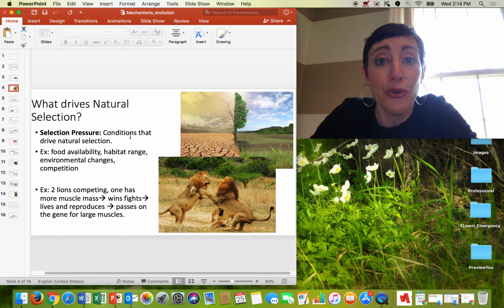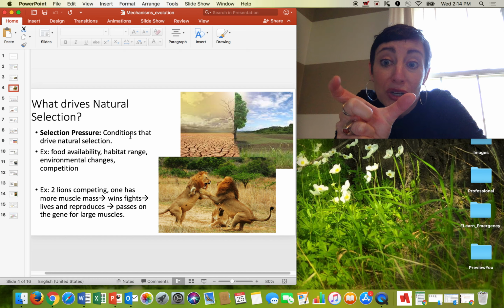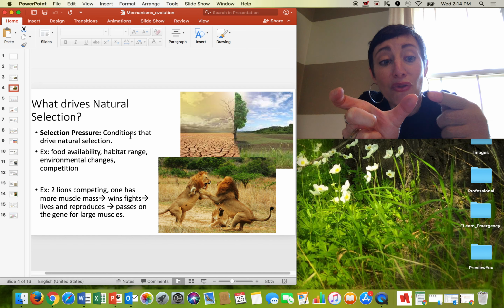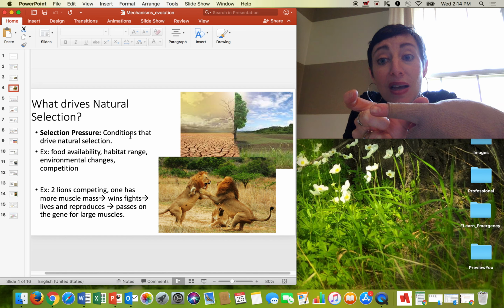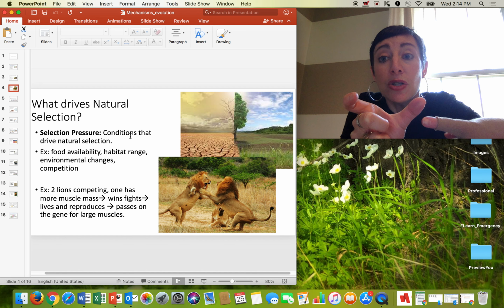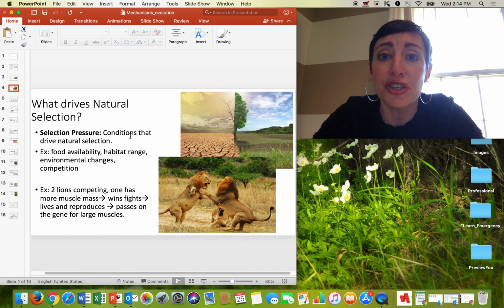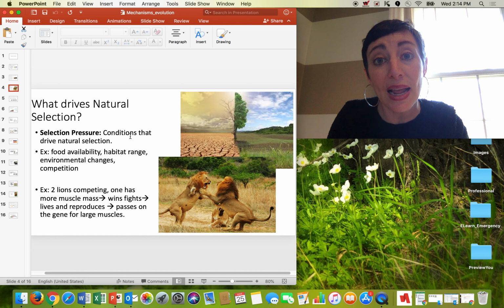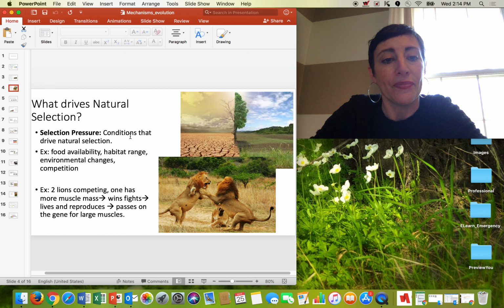You might have food that is at the bottom of a flower that's really, really long. Well, the only organism that's going to be able to get down that really long flower is one that's got a really long beak to reach the bottom. So that would drive natural selection, meaning that only those birds that have long beaks will survive because they have this food source.